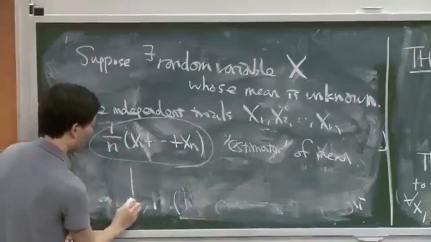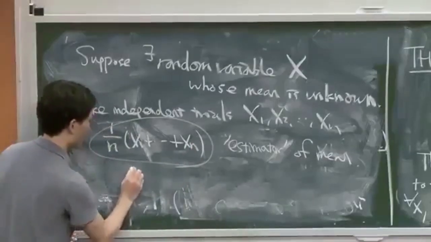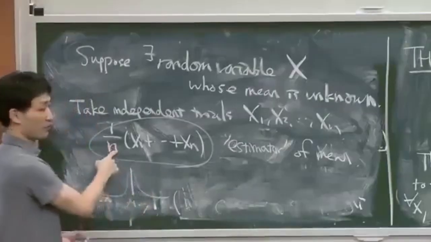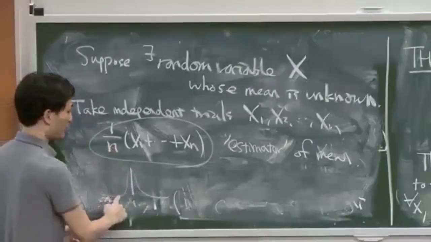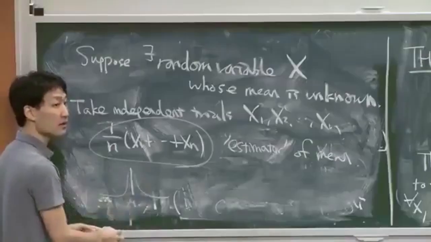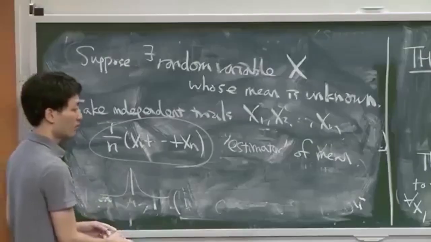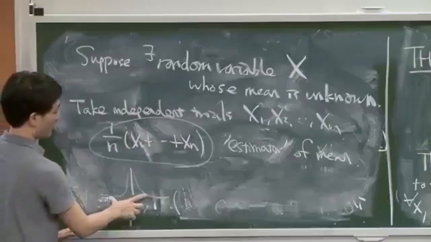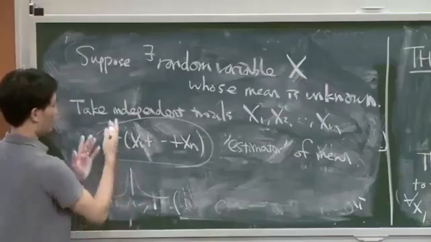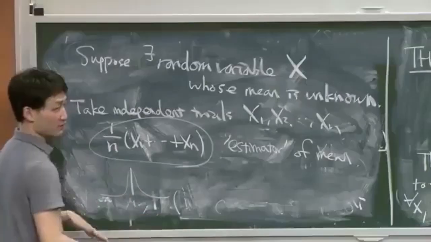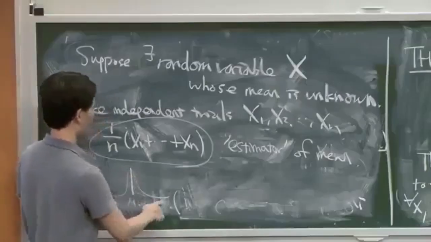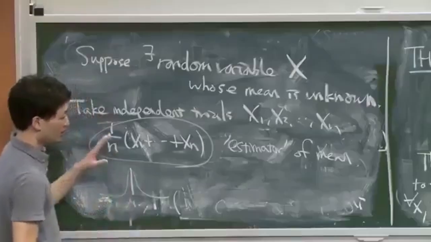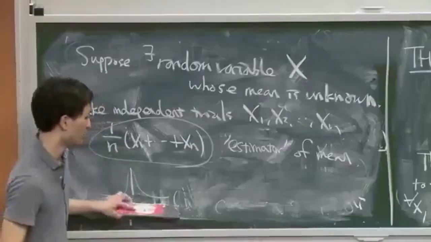So we don't know what the real value is, but we know that the distribution of the value that we will obtain here is something like that around the mean. And because the normal distribution has very small tails, we will get really close really fast.